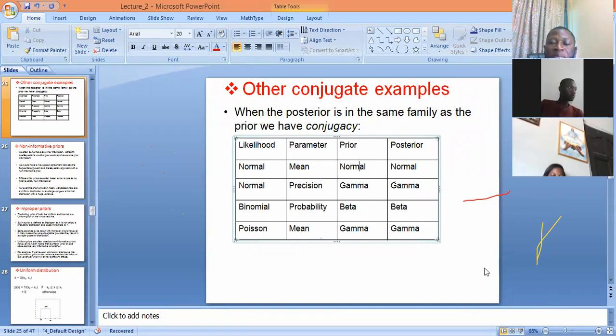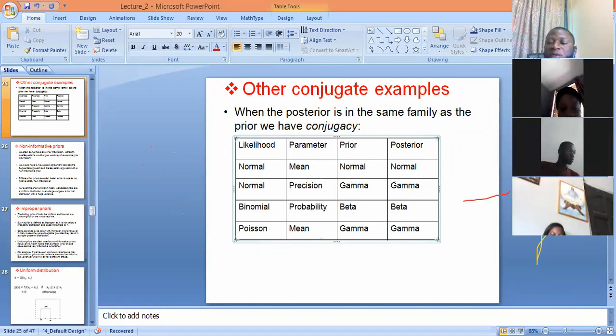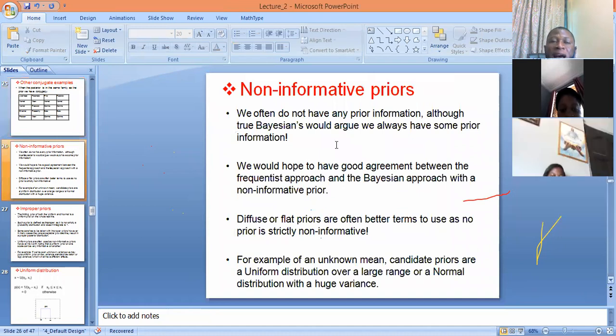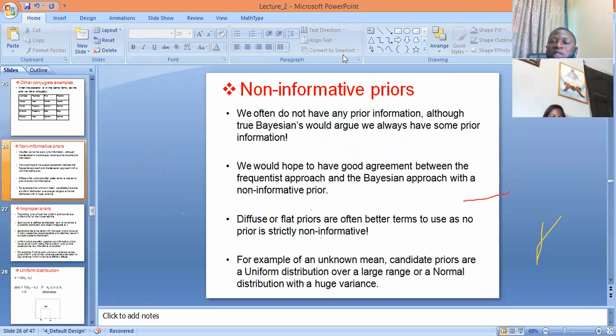Of course, there are other priors which we refer to. Some of them are non-informative. That is used in a situation where you don't have much information about the study that you are going to undertake. So that means you provide little information about what you are about to do, and we call that non-informative priors.